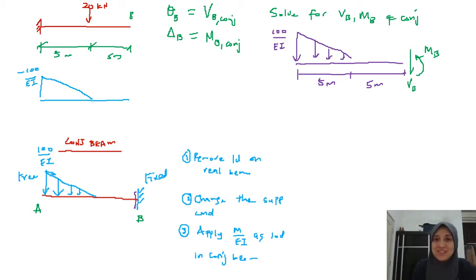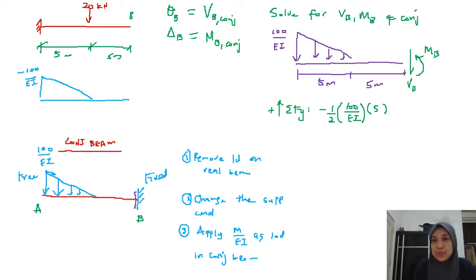So how do I do that? Very easy. This is equilibrium. You sum the forces in the y direction, you will get your VB. Let's assume positive as upwards. You have a triangular load, so it's a negative value downwards. So it's negative of half times 100 over EI times the length, which is 5 meters, half times height times base.